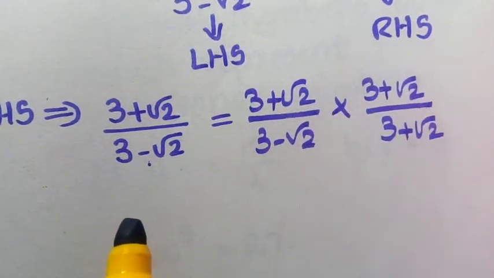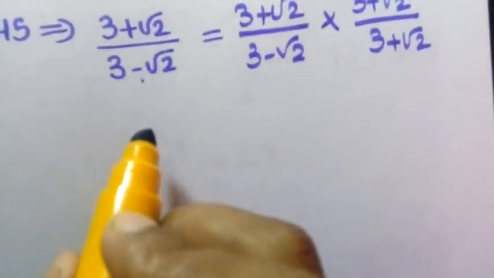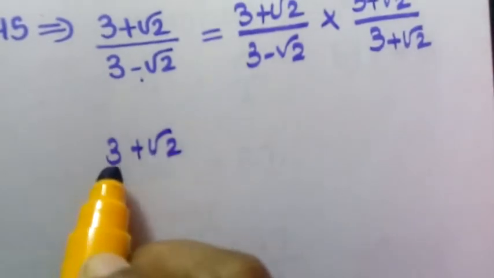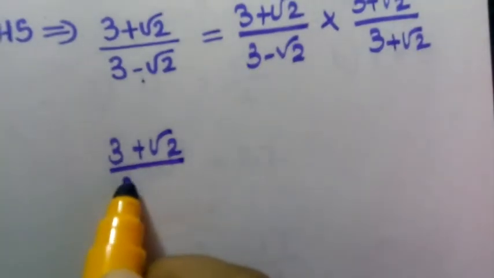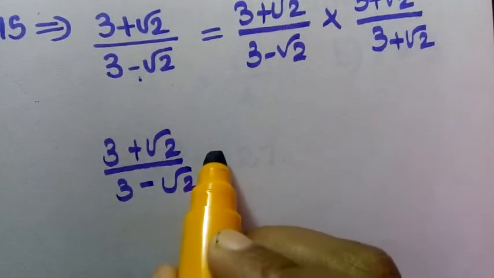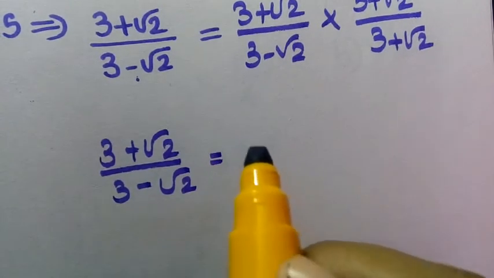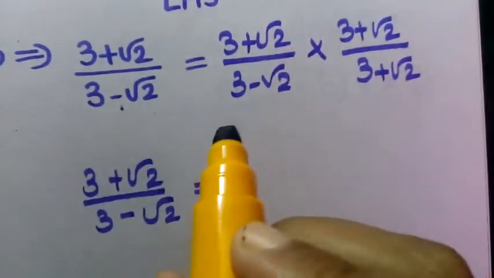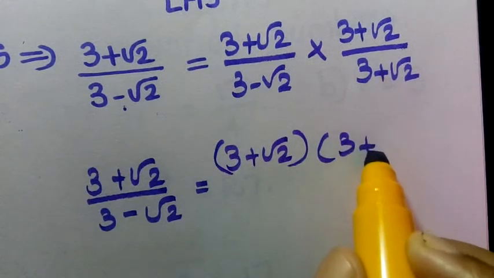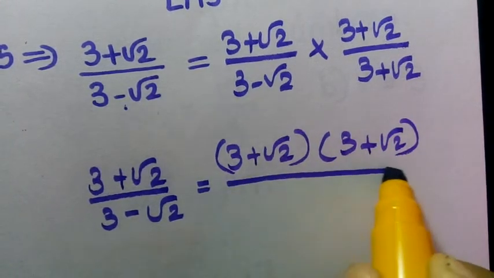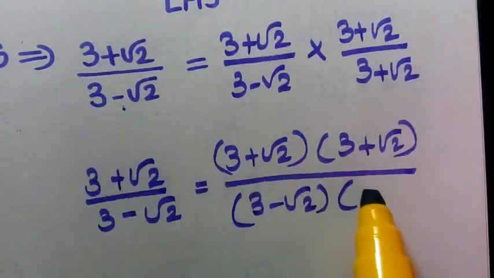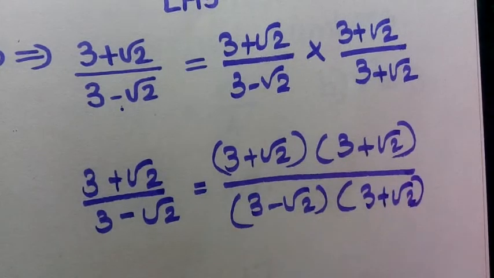Okay, we will write the step first. (3 + √2)/(3 − √2) is equal to (3 + √2)(3 + √2) divided by (3 − √2)(3 + √2). Okay.